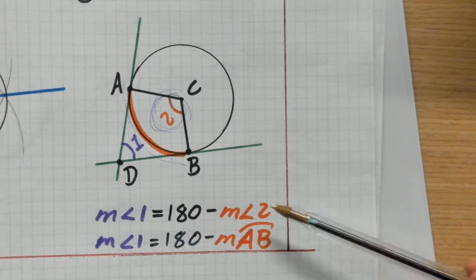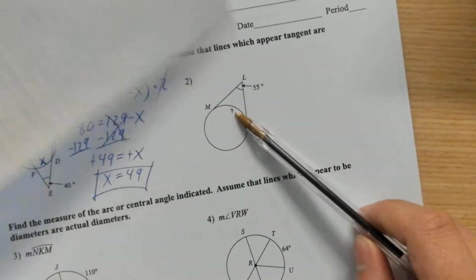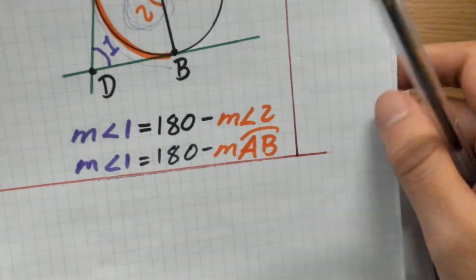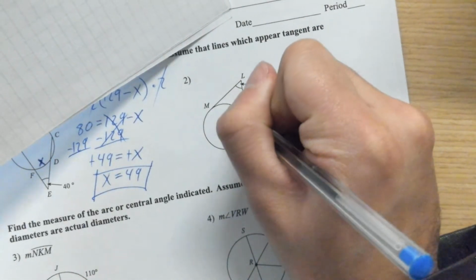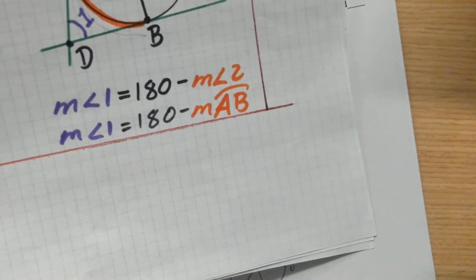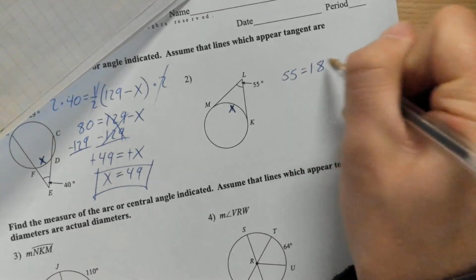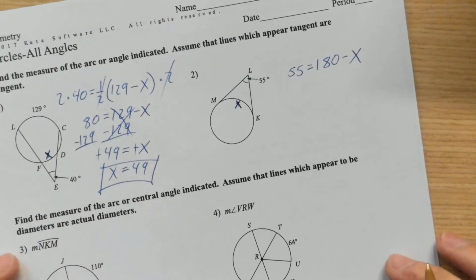So which equation do you use? It depends. If you're given the angle, use the equation using the angle. If you're given the arc, use the equation using the arc. In this problem, I'm given the arc, so I want to use the second equation. My x is going to be the arc, because that's the value I'm missing. The angle outside is 55, so 55 equals 180 minus x.